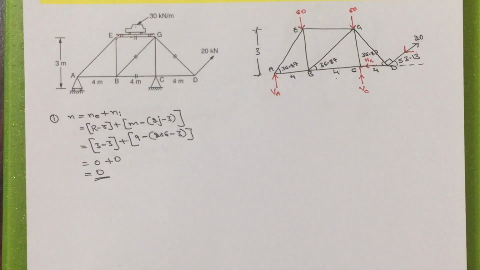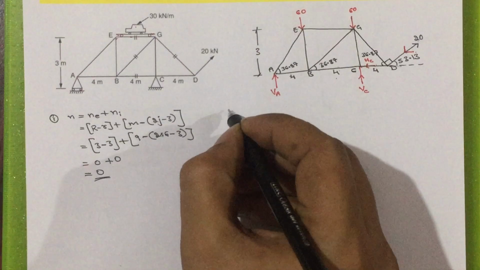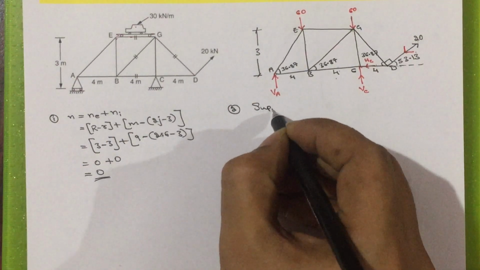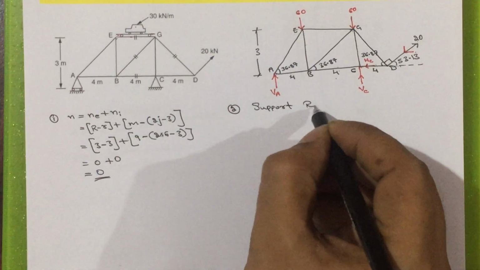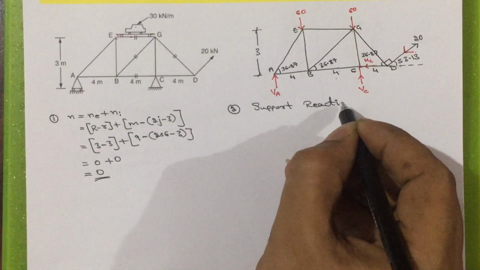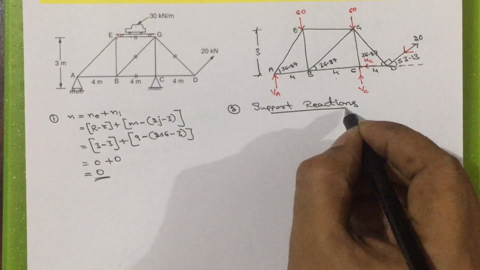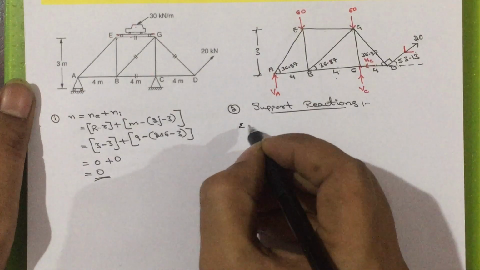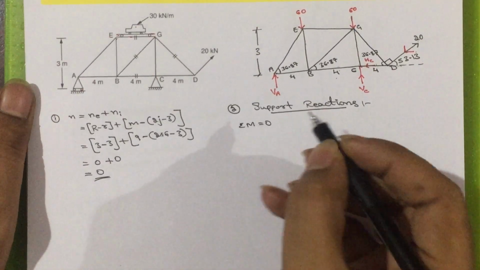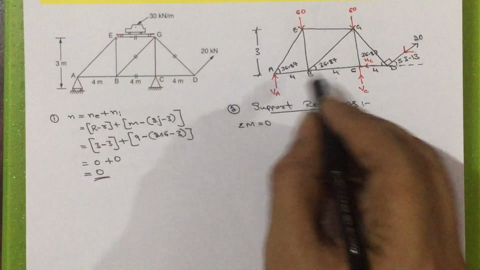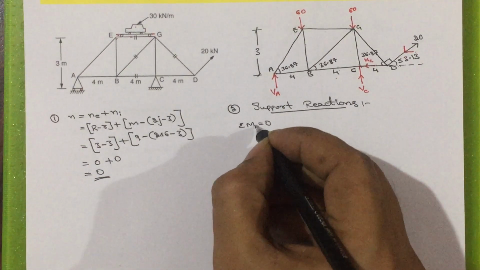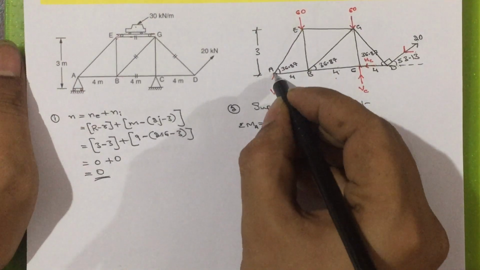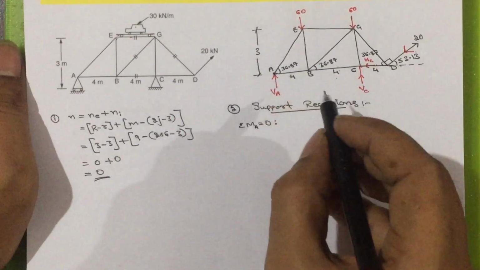Then we will go for the second step, that is support reactions. I will write it here only. First we will apply sigma M is equal to 0 with respect to the support point, either A or C point. I am going to take A point. Sigma M at A is equal to 0. So, A is the moment center now, VA is passing through A, it will become 0.